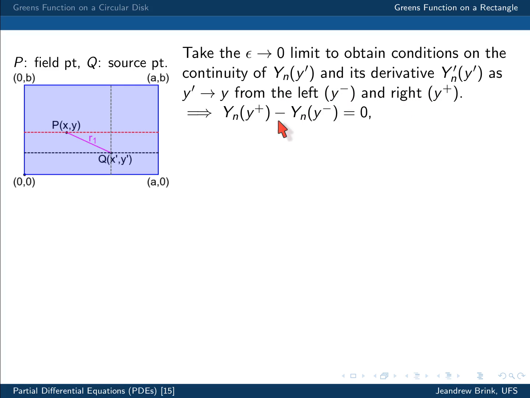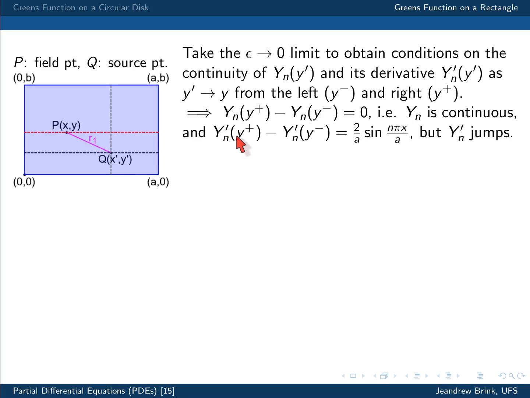And then we have this expression that our expansion function to the right minus the expansion function to the left is equal to 0. In other words, the function is continuous. And the derivative of the function to the right minus the derivative of the function to the left has a jump in it, so it's not continuous. It doesn't have a smooth derivative, so it basically can have a kink in it.